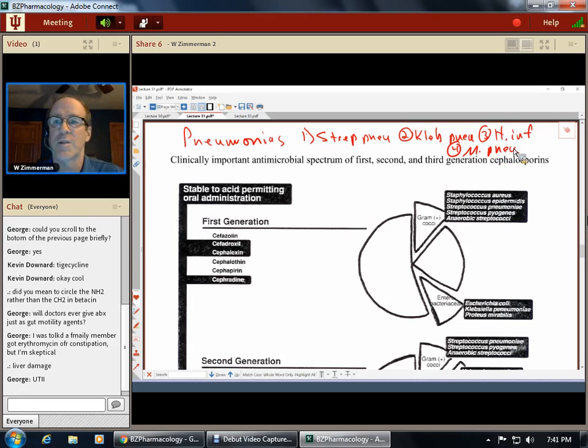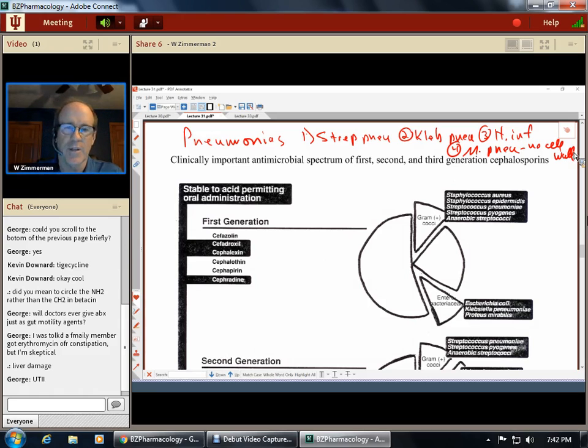Those are four of the biggest pneumonias. And of course, the last one there we're not going to get with the beta-lactam. There is no cell wall. So right away, we know we've lost those.